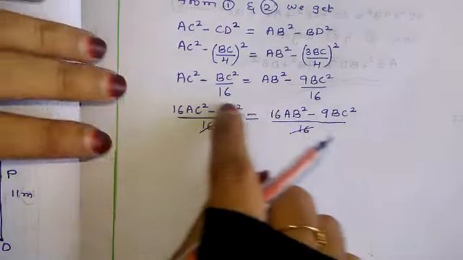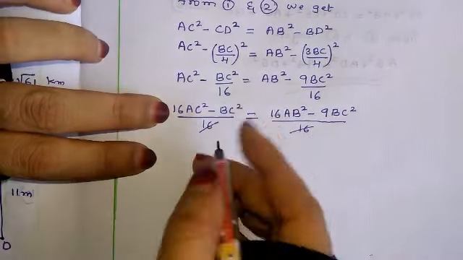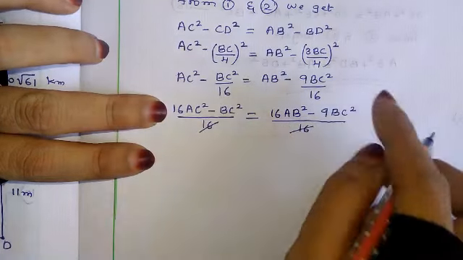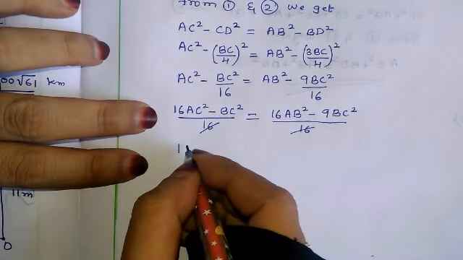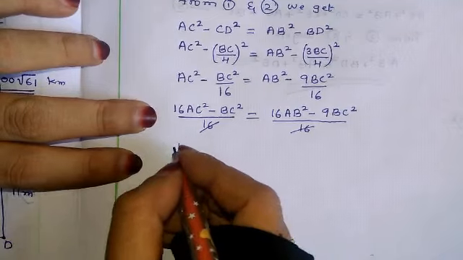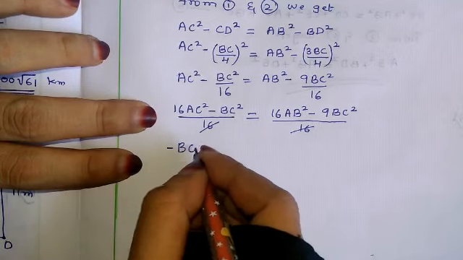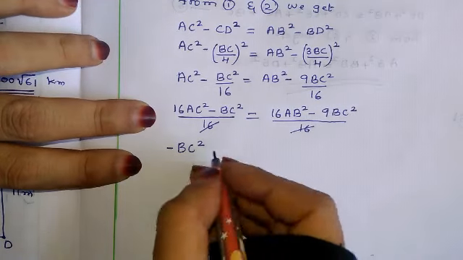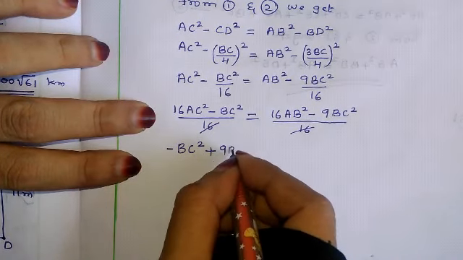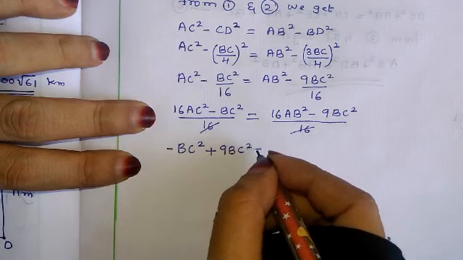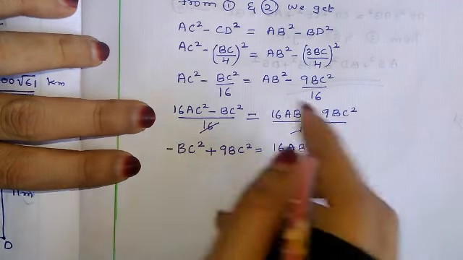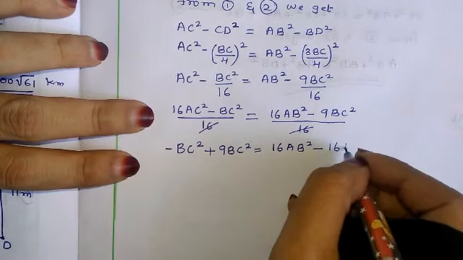This side, numerator. So I'll bring this AB and AC one side and BC like terms one side. Okay, 16 AC square minus BC square, let it be here only, minus BC square. I'll bring this 9 BC square this side, it becomes plus 9 BC square, is equals to 16 AB square here only, minus 16 AC square.